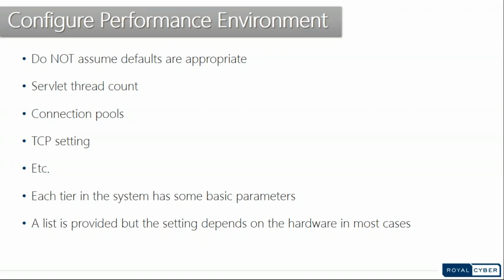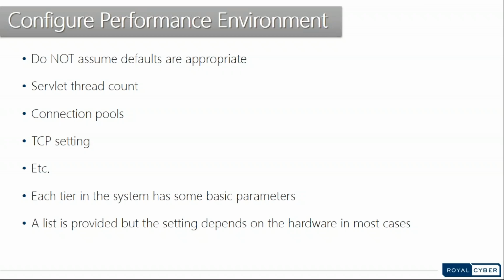Now, for example, if you have tuned all the parameters on all three tiers, web server, application server, and database tier, but even then you are not getting the desired results, then you will have to look at the network level or at the hardware level. Is your hardware saturating? Is your hardware capable enough to handle that load?